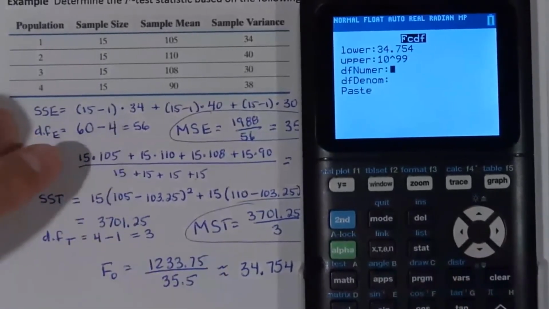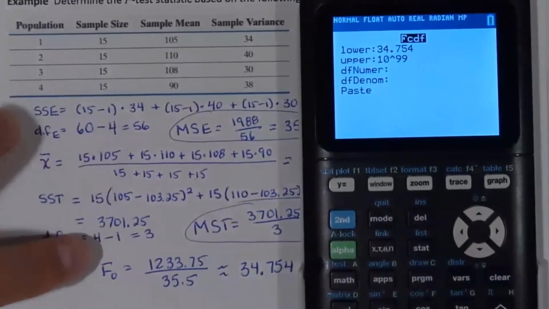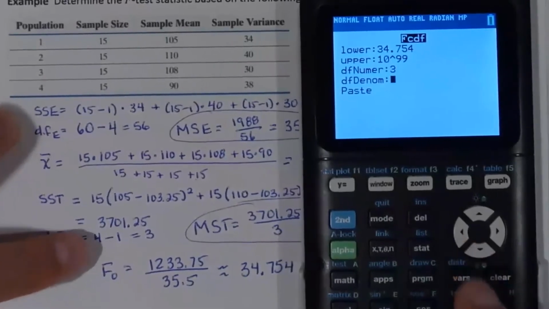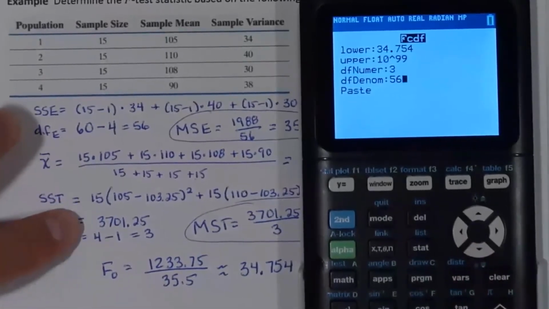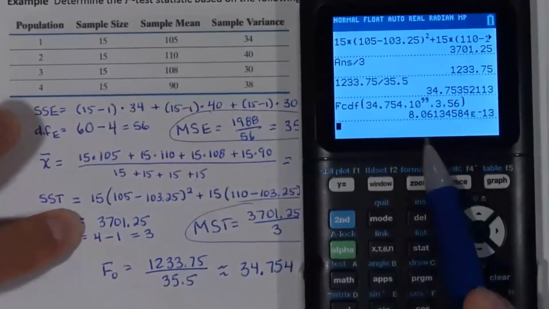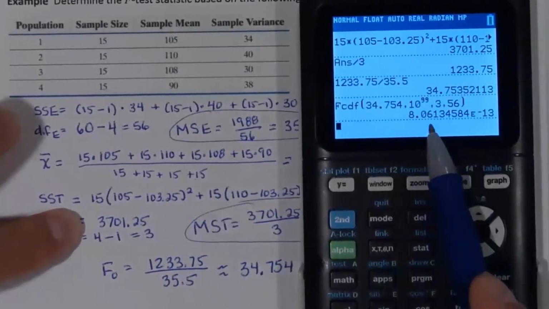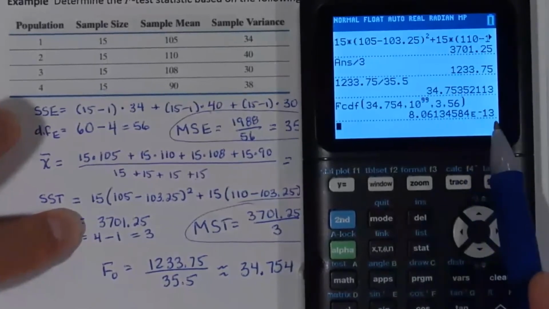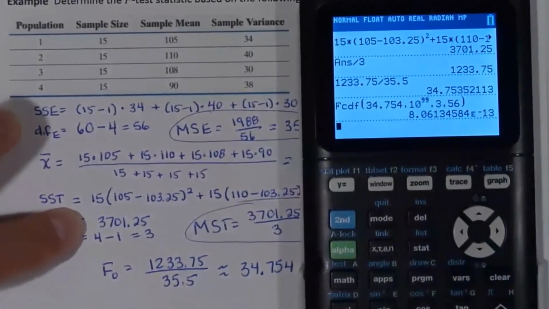Again, I have 3 degrees of freedom in the numerator and 56 degrees of freedom in the denominator. And so that would give us a p-value of 8.06 times 10 to the negative 13th power. If I were to round that to 4 places, that would be 0.0000. It's a really, really small p-value.